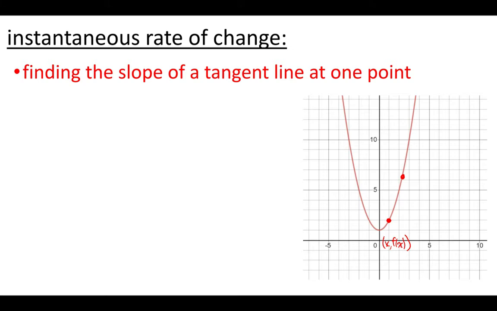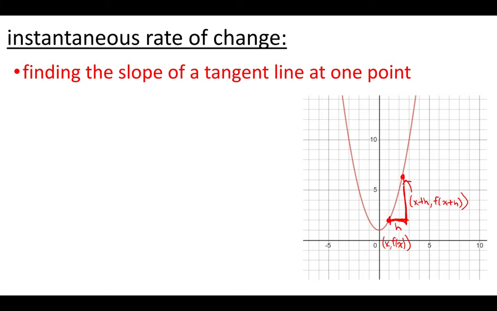This second point, I'm going to refer to as x plus h, f of x plus h. And the h is the distance in the x direction from here to here.